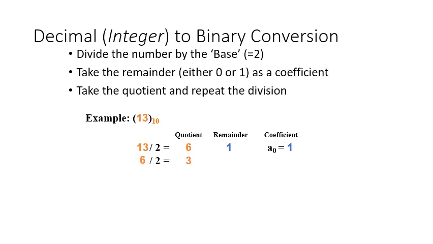Again you will divide until the quotient is less than the base number. Again you will divide by 2, 2 threes are 6, and the remainder is equal to 0. Again you will divide by 2, 2 ones are 2, the quotient is 1 and the remainder is 1. So finally, starting from the last quotient, 13 is equal to 1101.